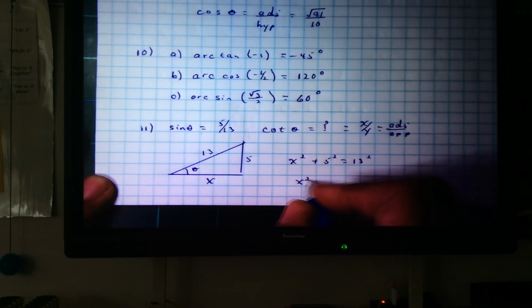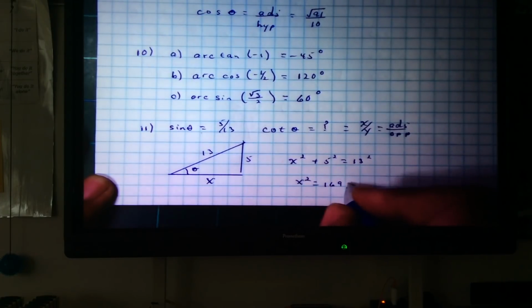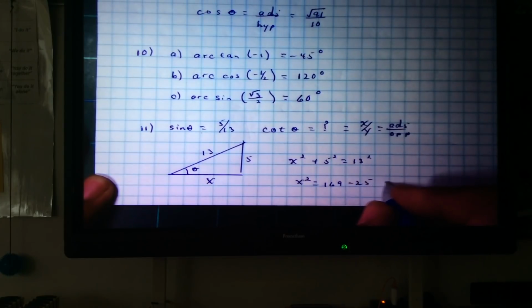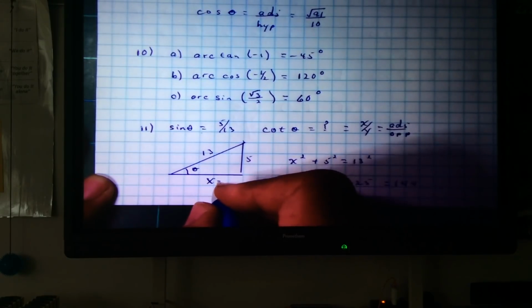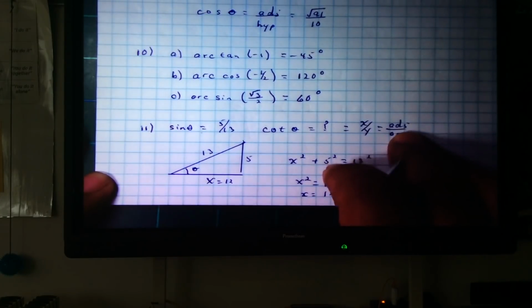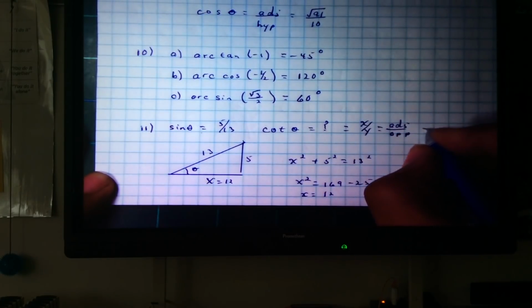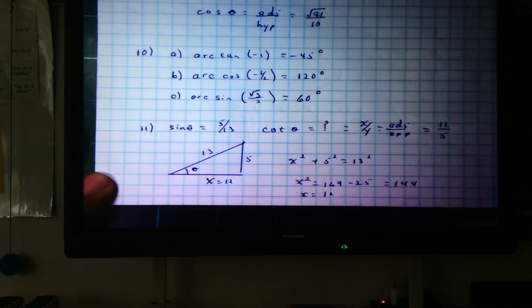So x squared is 13 squared, which is 169, minus 25, which is 144. So x is going to be 12. Now once I see that x is 12, I come back over here, and this is just going to be x, 12, divided by the opposite, which is 5. So that's my answer.